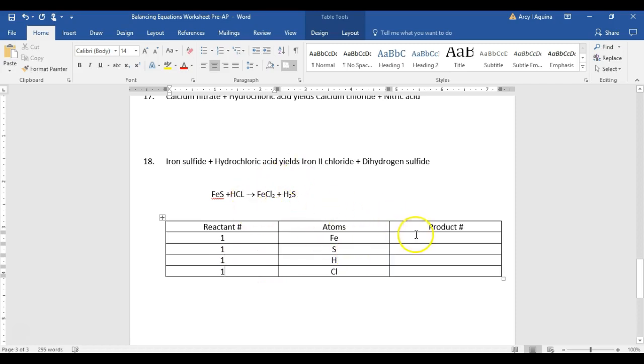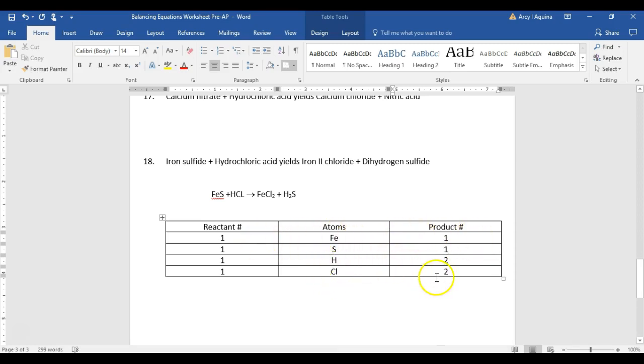The side after the arrow, I have 1 iron, I have 2 chlorine, so I'm going to put a 2 right here on the bottom, I have 2 hydrogen, and I have 1 sulfur. So the iron and the sulfur are balanced for now.